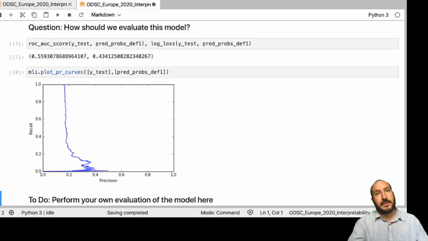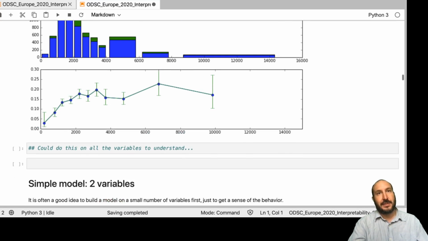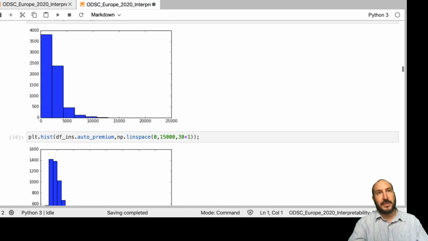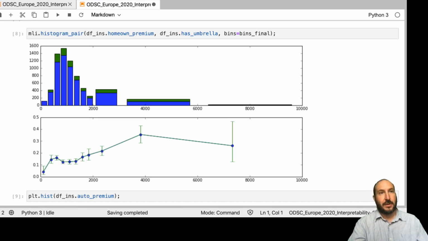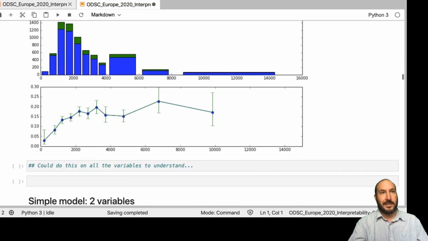But the key is, if you look at our marginal relationships, this is not surprising. The homeowners relationship maxed out at around 0.3. The people with the biggest, most expensive homeowners policies, about 30% of them had umbrella policies, and that was a small group. And with auto, it maxed out even lower, at about 0.2.